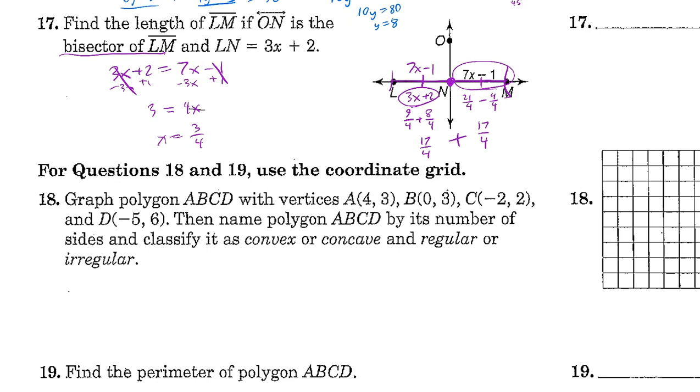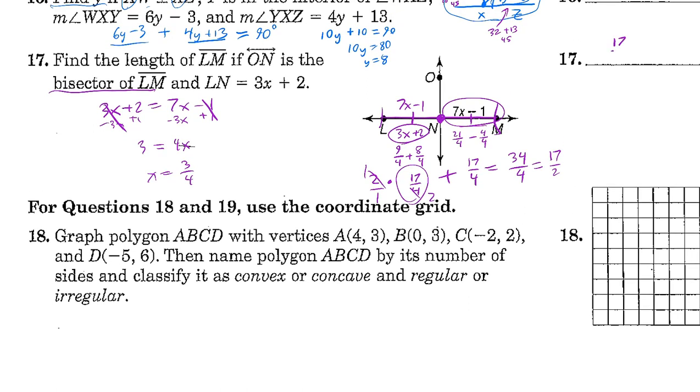If we add them together, 17 plus 17 is 34/4, which we could simplify to 17 over 2. Or we could have just taken a length of half times 2. So we get 17 halves is the total length of LM. Or we could say that's 8.5 either way.